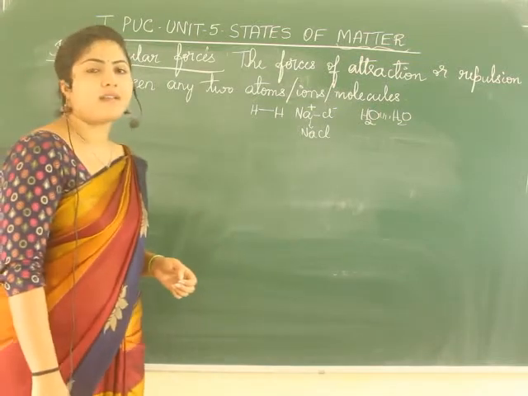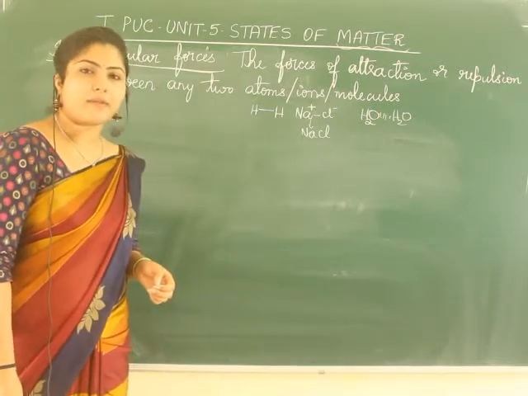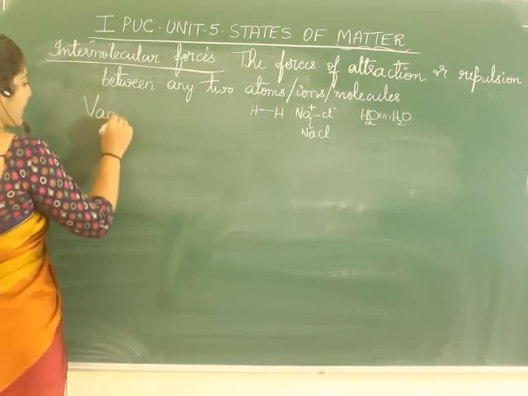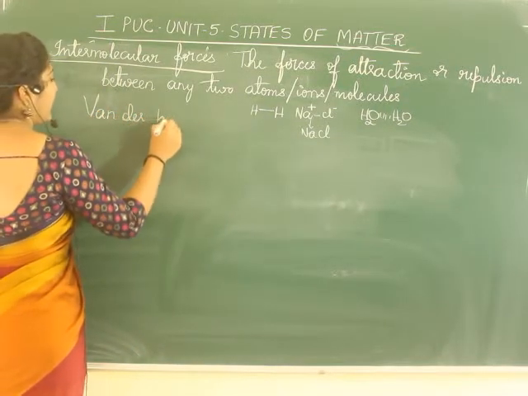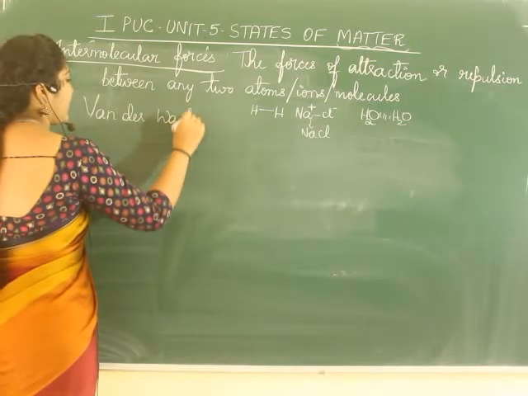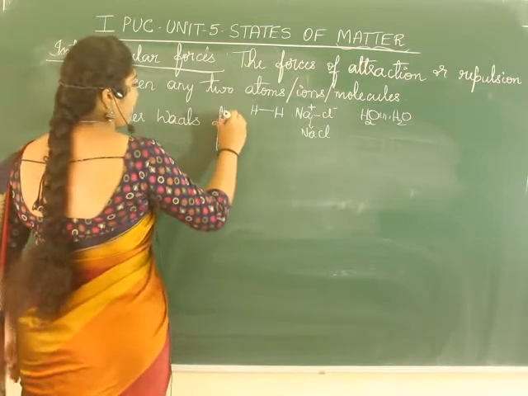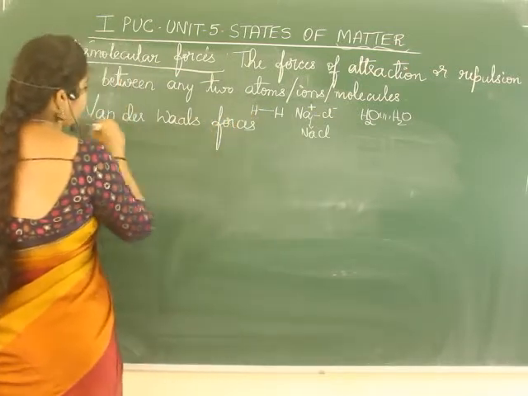Here comes a concept called as van der Waals forces. A Dutch chemist by name van der Waals explained this particular force, and it is called as van der Waals forces. So attractive intermolecular forces, van der Waals forces. How do you define it?